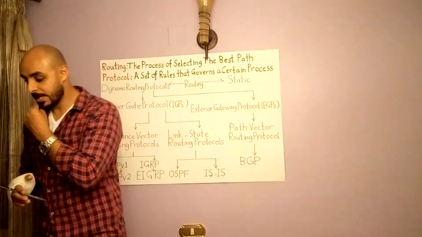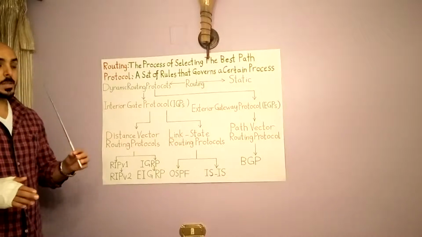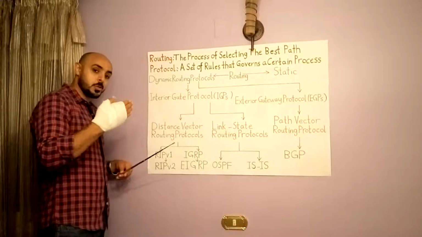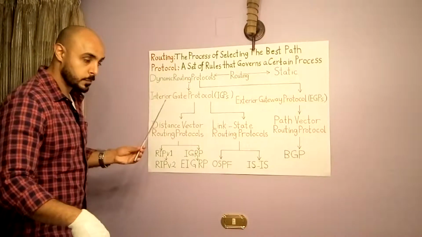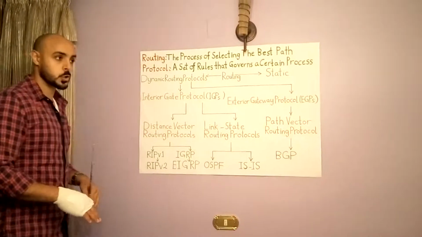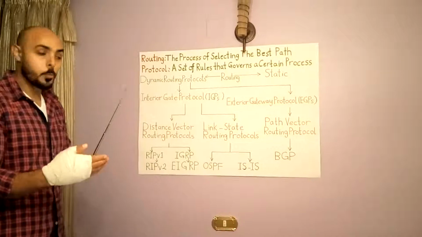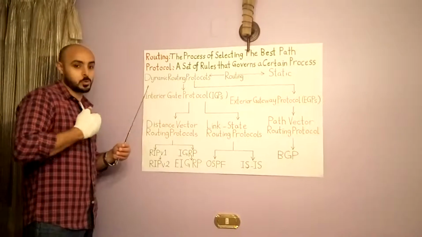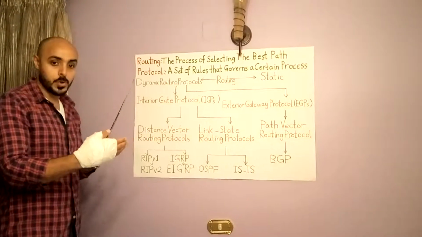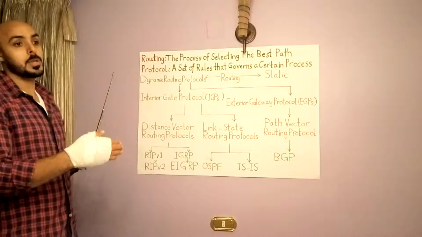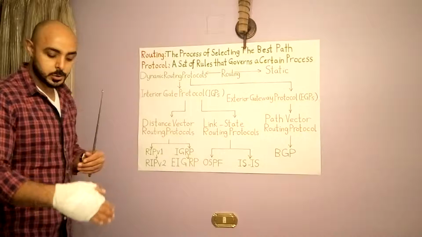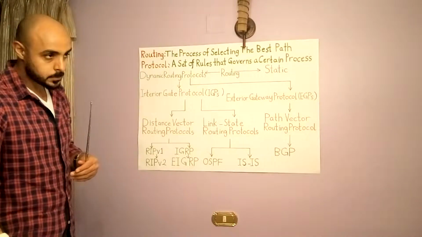So the metric is a value that the routing protocol uses to decide which path is going to be selected to reach that destination. For example, the metric of RIP version 1 is called the hop count. Hop count means that the router which has RIP version 1 running will count how many hops or routers are on the way from the source to the destination network, right?